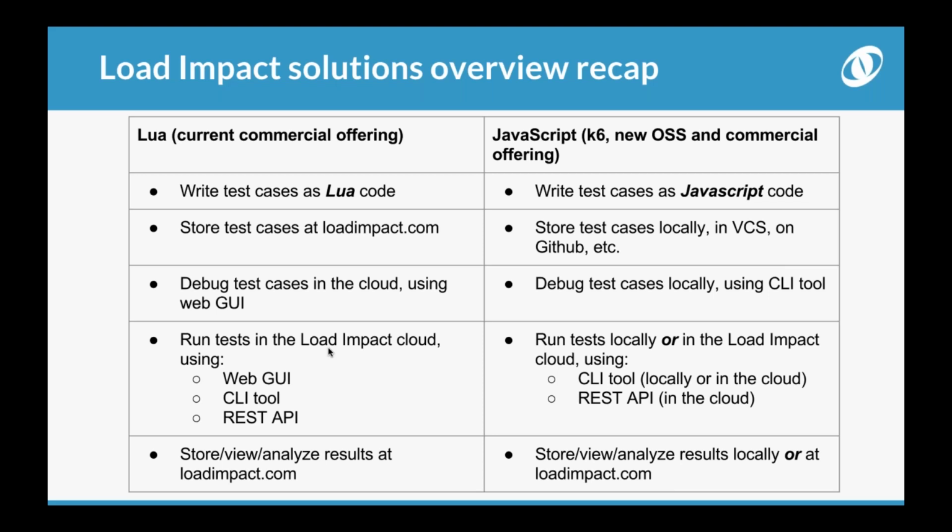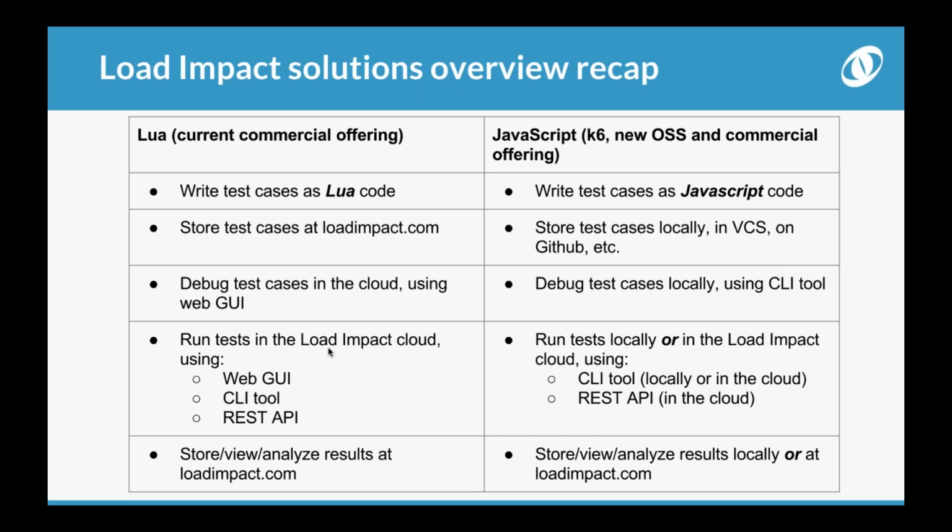And all the test runs are also run on cloud servers managed by LoadImpact. And the tests are triggered either through the web GUI or through the CLI tool that we saw here in the Jenkins integration. Or you can call directly to the REST API to trigger test runs. And in terms of the results, they are stored in the cloud at loadimpact.com.